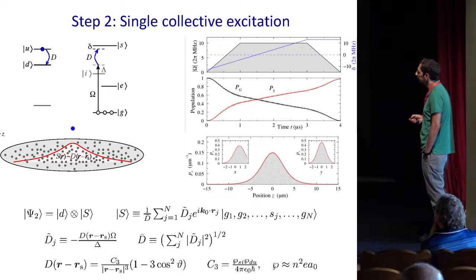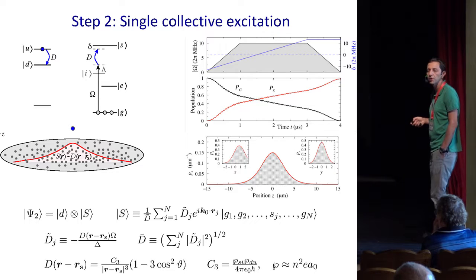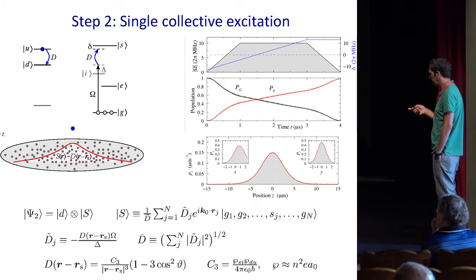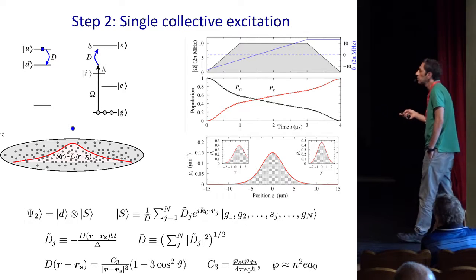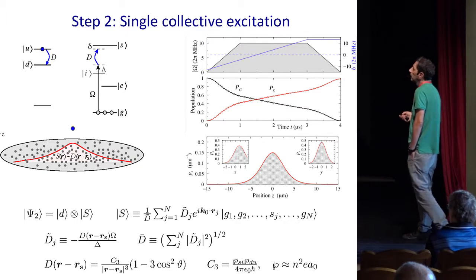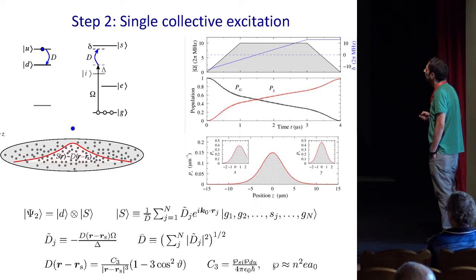But then it's a two-photon resonance, or near two-photon resonance, one photon coming from the laser and the other one coming from the exchange interaction. And to make sure that this process happens with fidelity or efficiency 1, I chirp this laser so that I have adiabatic rapid passage from the collective ground state, all the atoms in the ground state, to a single collective spin excitation state of the atomic ensemble.